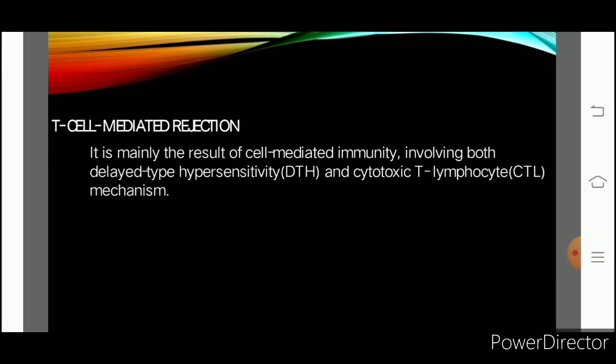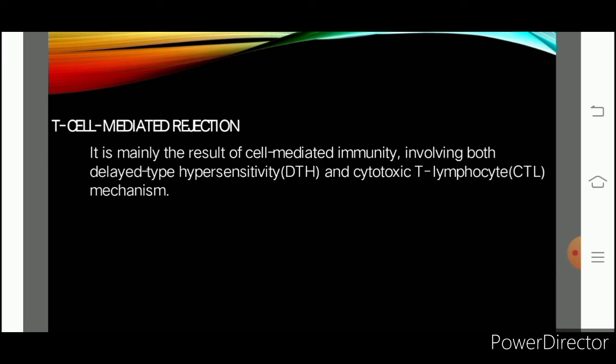Cell-mediated immunity, which includes both delayed type hypersensitivity and cytotoxic T lymphocyte mechanisms, is the main cause because the only significant antigenic difference between host and donor tissues is their histocompatibility molecules.